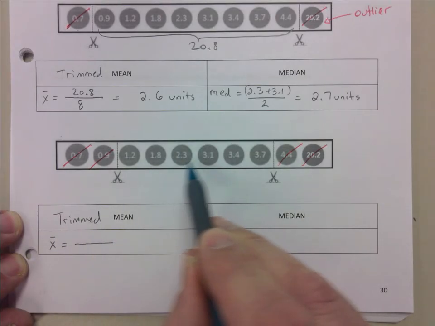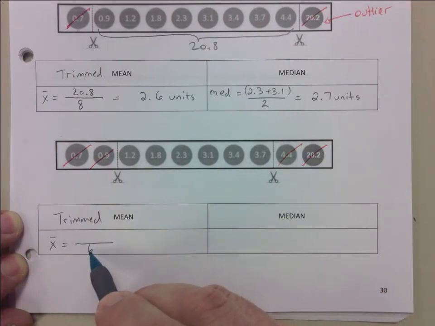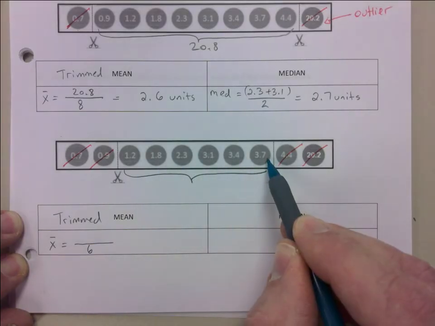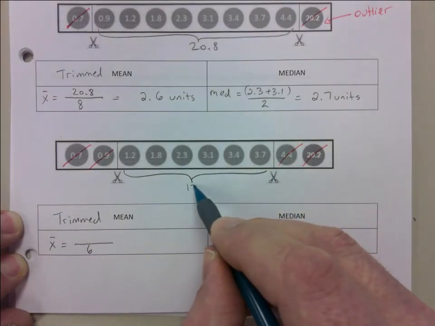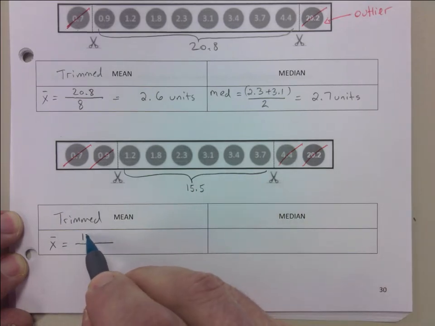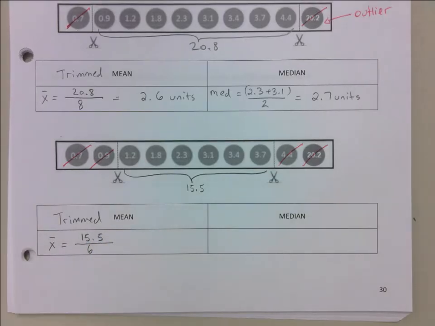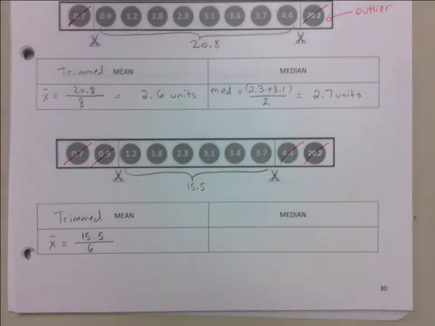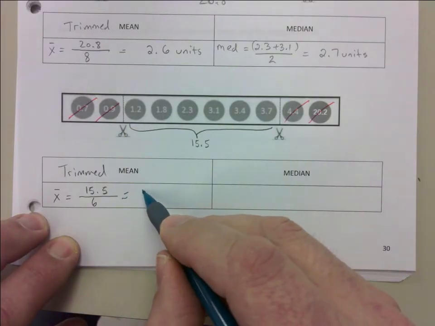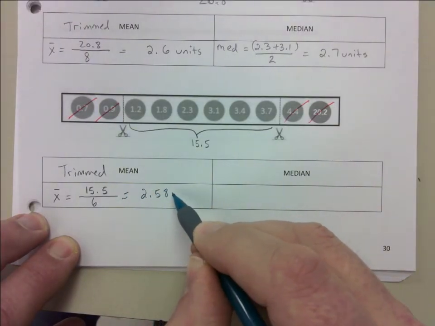In this case, you only have 6 values remaining. If you add these numbers up, the 6 that remain, you get 15.5. You put 15.5 over 6. Your average is this, 2.58 units.